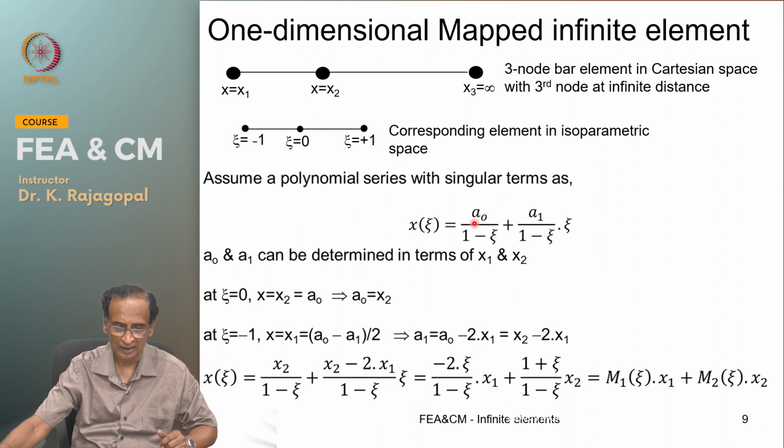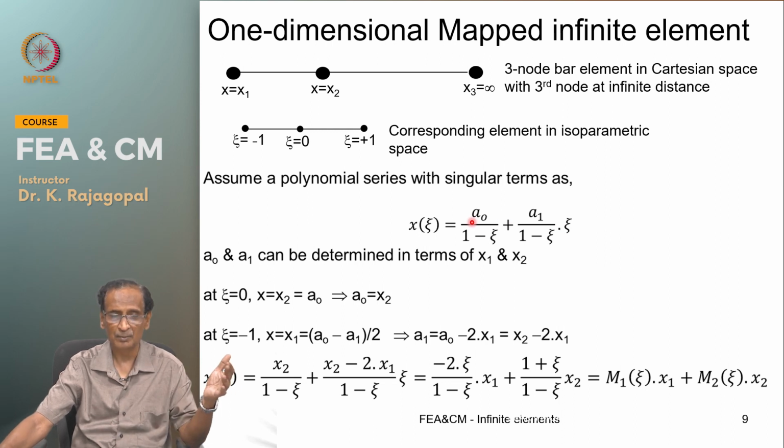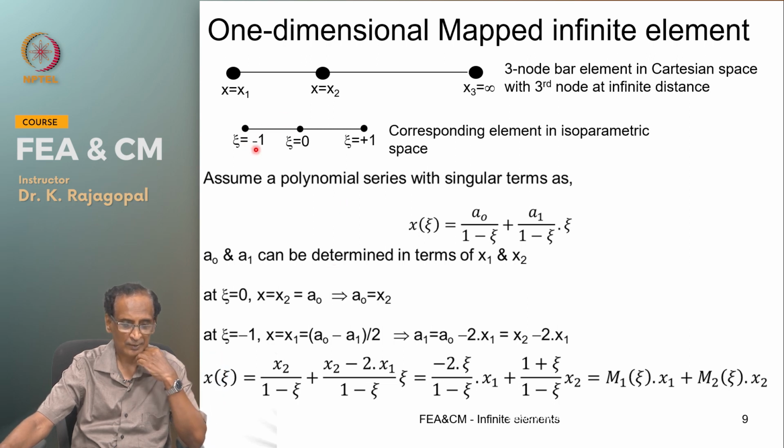And we can determine a0 and a1 in the same manner as we determined them earlier, by substituting xi of -1, where our x is x1, and at xi of 0 our x is x2. So, by going through we get that a0 is x2.